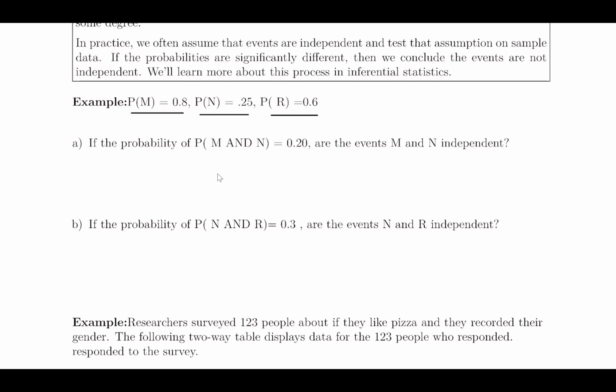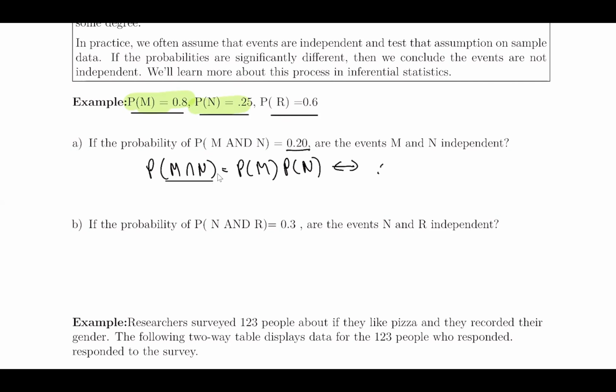Cool, perfect. So we want to check if M and N are independent from each other. Right now, we're only going to be using this: the probability of M and N is equal to the probability of M multiplied by the probability of N. Let's check that out. They already told us the probability of M and N is equal to 0.20.